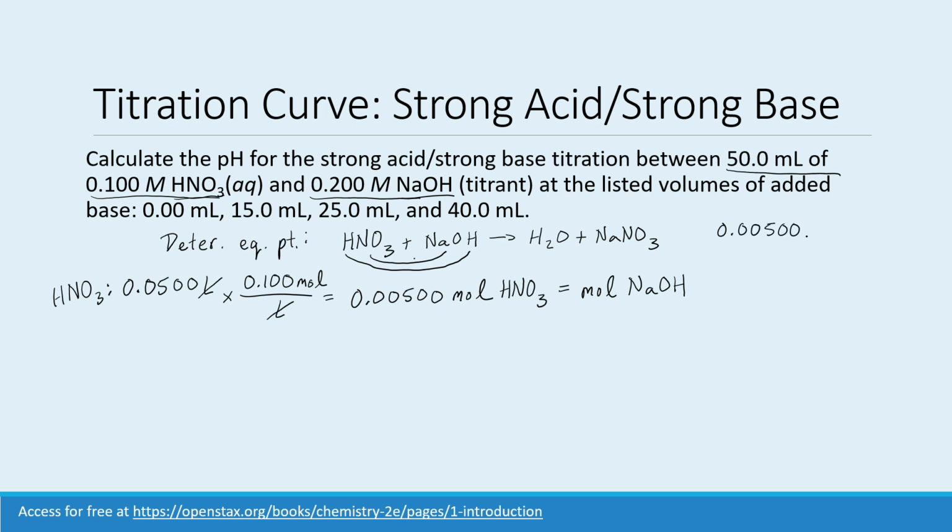So 0.005 moles times the concentration, and we want to flip that and divide by that concentration of molarity so that moles cancel out. Keeping in mind that this is all for the sodium hydroxide. And so I get 0.025 liters, or 25 milliliters of sodium hydroxide.